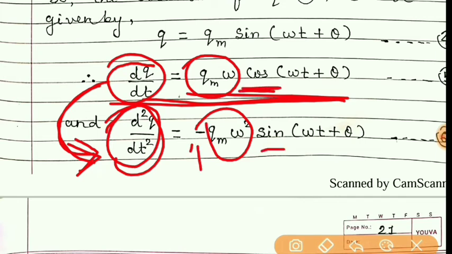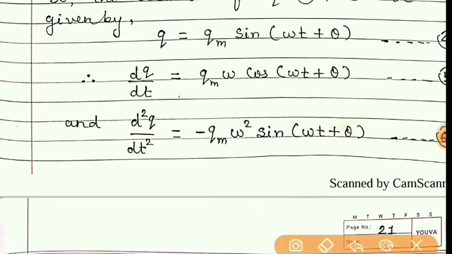You can see minus is kept here, so minus sine theta. This is theta, suppose. So cos theta will become minus sine theta, but once again this omega is to be multiplied. So here you can see there is an omega square, because according to the chain rule this omega is multiplied.